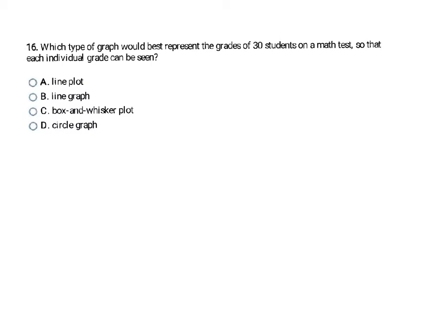Which type of graph would best represent the grades of 30 students on a math test so that each individual grade can be seen? Well, I'm looking at the circle graph and box and whisker graph. You're going to lose your original data because it's going to go to percents or quartiles.